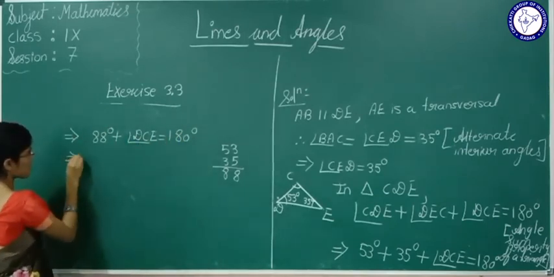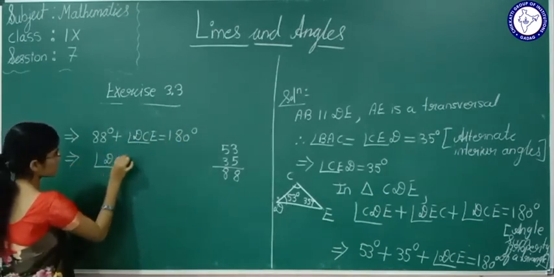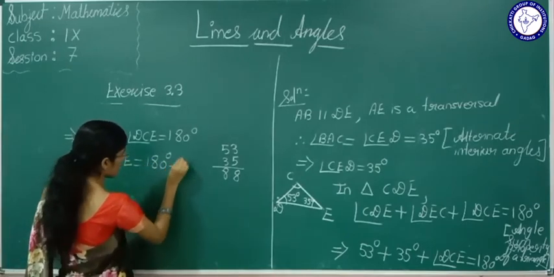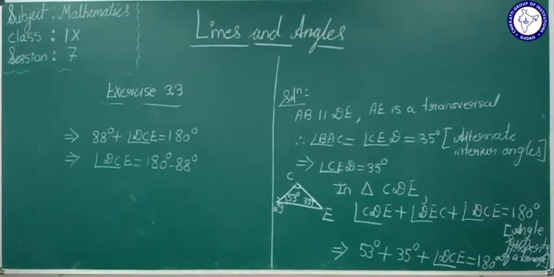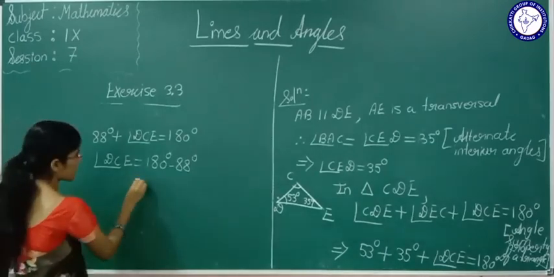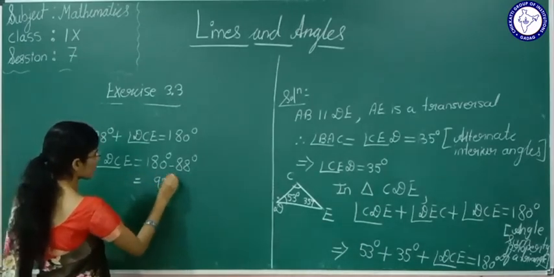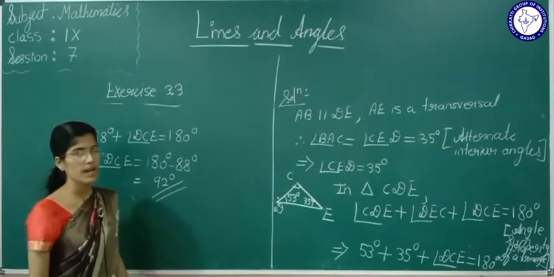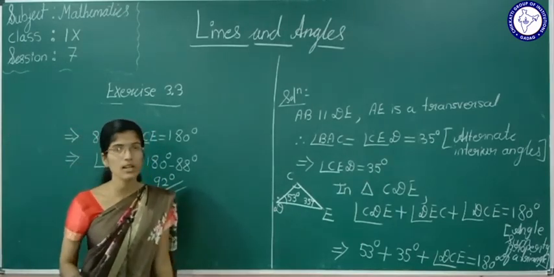So this implies angle DCE is equal to 180 degree minus 88 degree. 180 degree minus 88 degree will be 92 degree. Okay, we got angle DCE is equal to 92 degree. Now we will see the next problem.